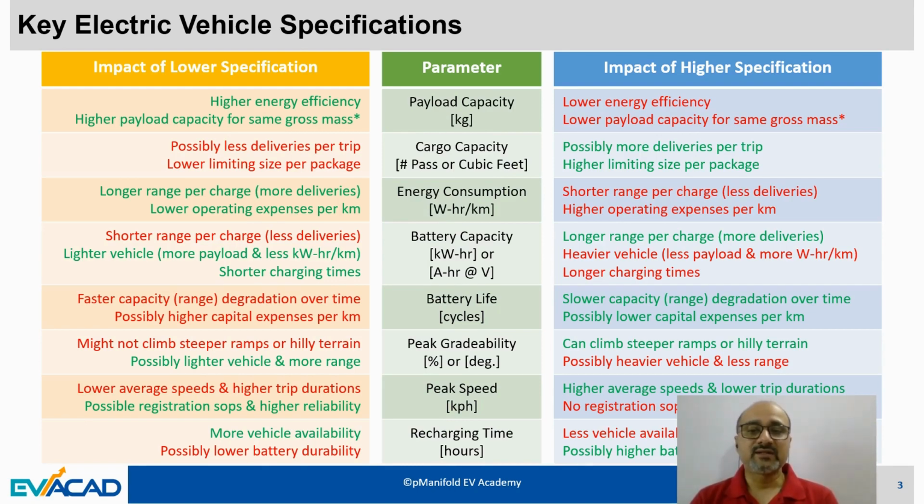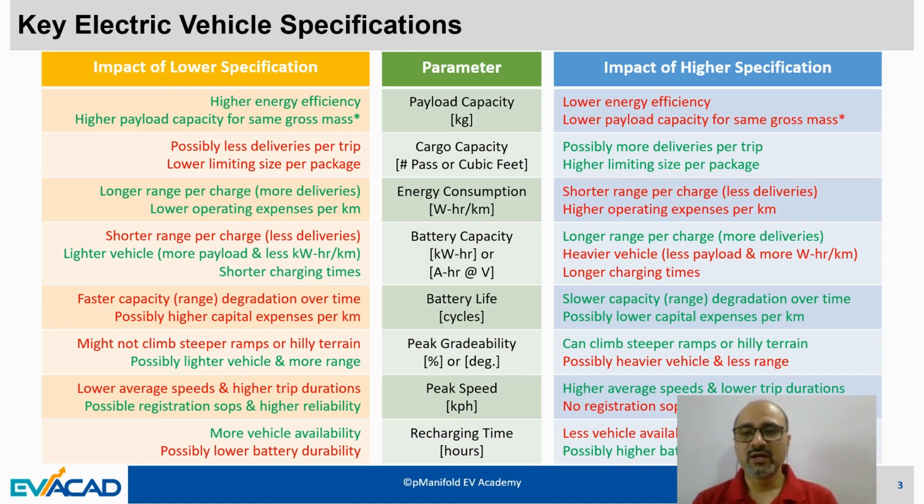Then battery capacity is very specific to electric vehicles. Higher battery capacity gives you a heavier vehicle but a longer range, although the relationship is not linear, because you have to move the mass of the batteries as well. So there are diminishing returns.